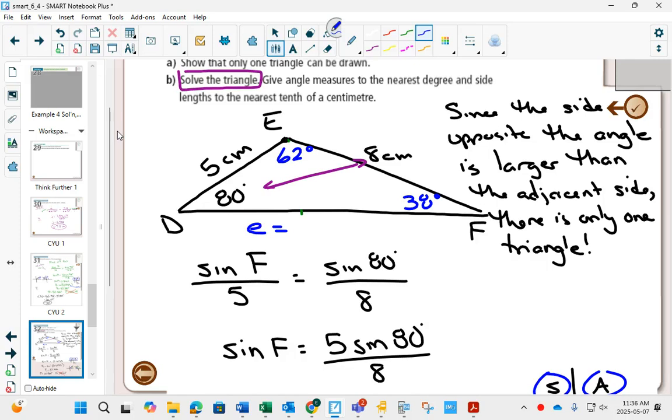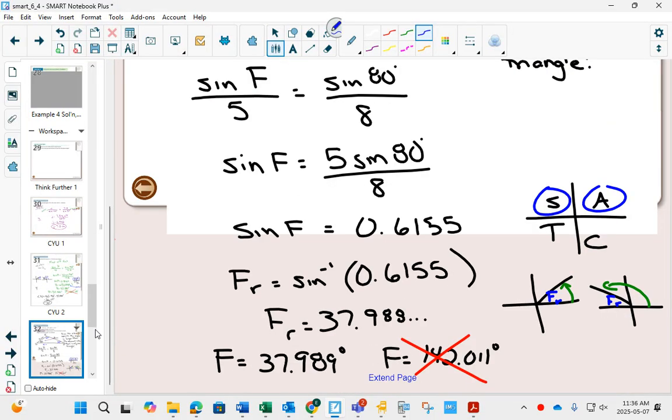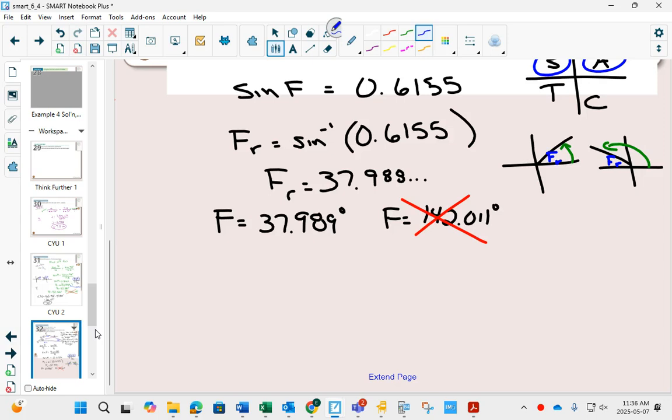I need little e. Well, I could use sine law again, right? Because sine law says if you have something opposite, and you have the 80 and the 8, and we have the 62, so now to solve for e, e over sine of 62 degrees equals 8 over sine of 80.